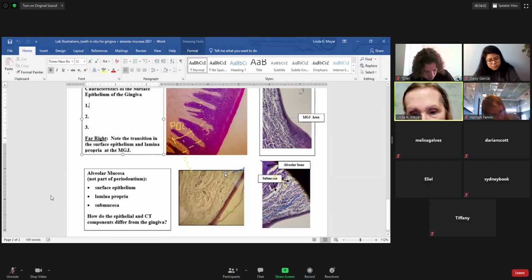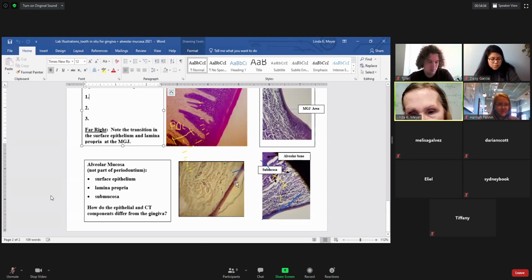Now look down here. Look at this epithelium of the alveolar mucosa and compare that. Look how different that is. It's thin, non-keratinized, and not corrugated.